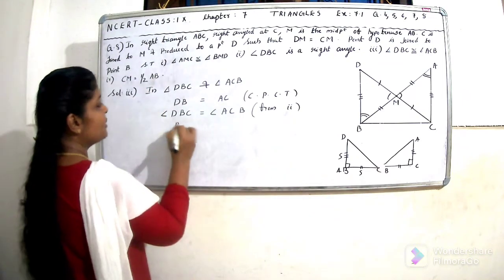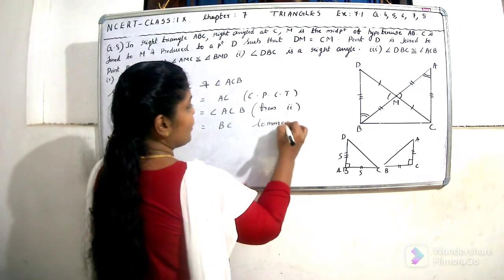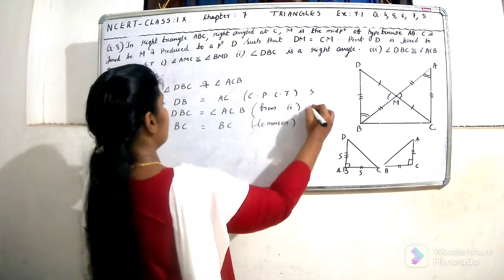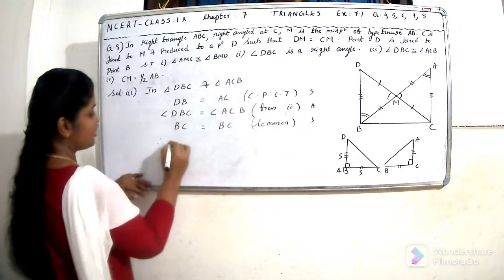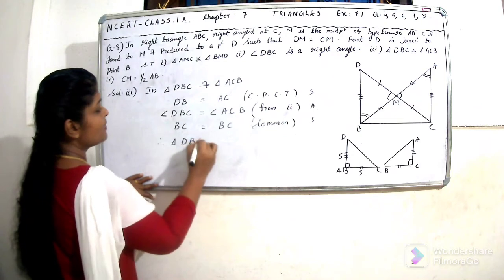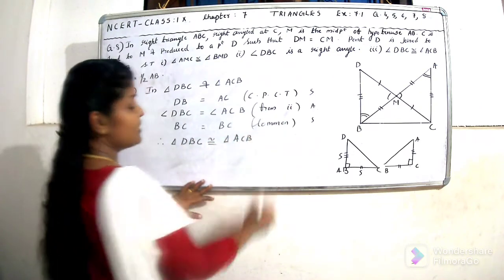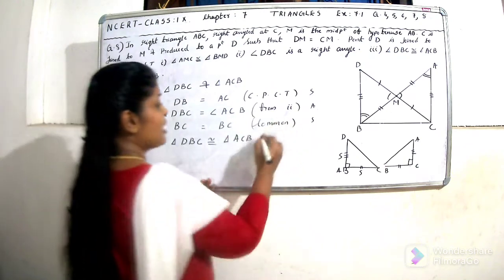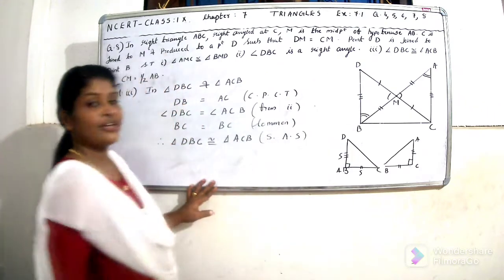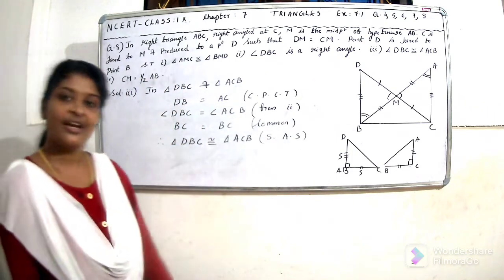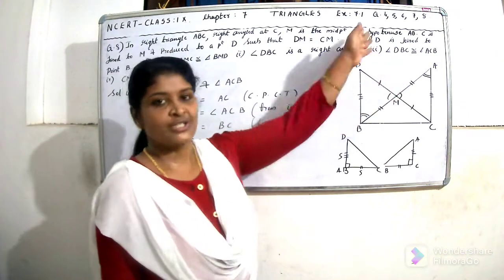So the side BC equal to BC, reason it is common. So this is the side, this is the angle, and this is the side. So therefore these two triangles, triangle DBC is congruent to triangle ACB. Which criteria? SAS criteria. Because of that criteria, these two triangles are congruent. Okay, so the third part also we successfully proved.